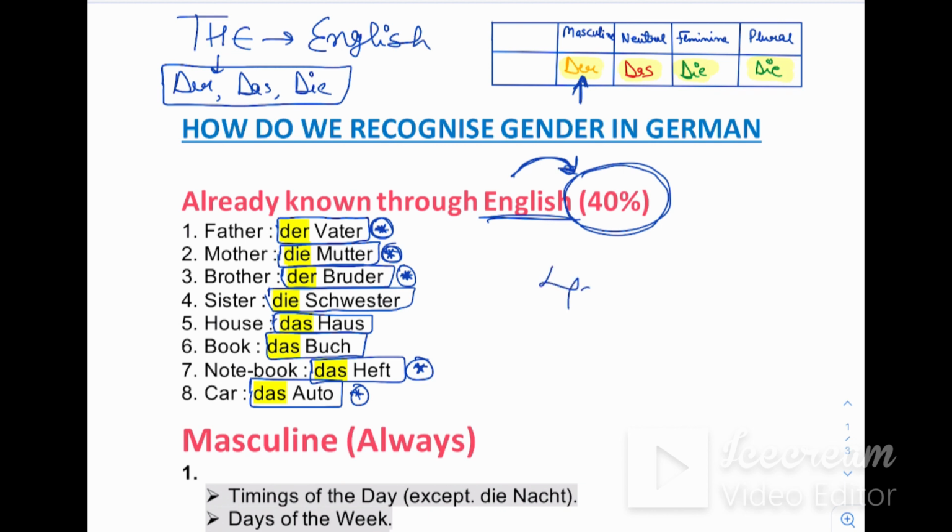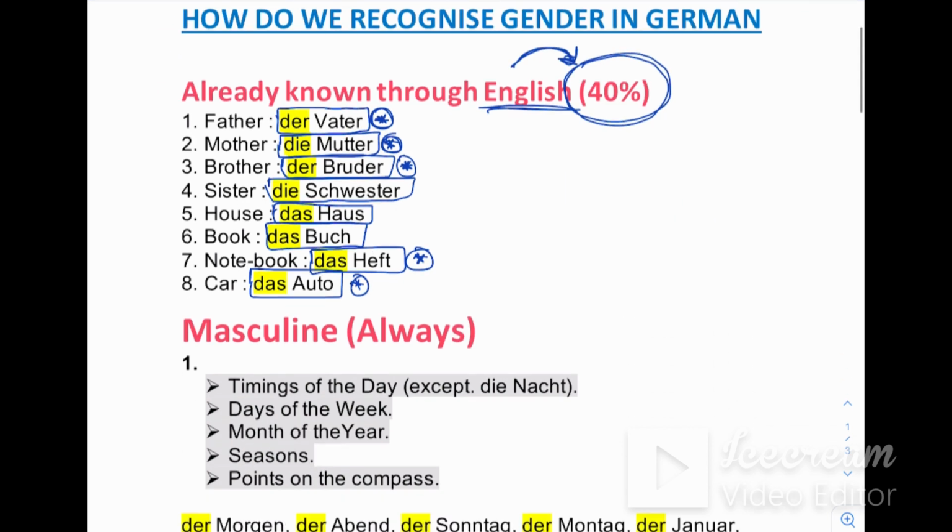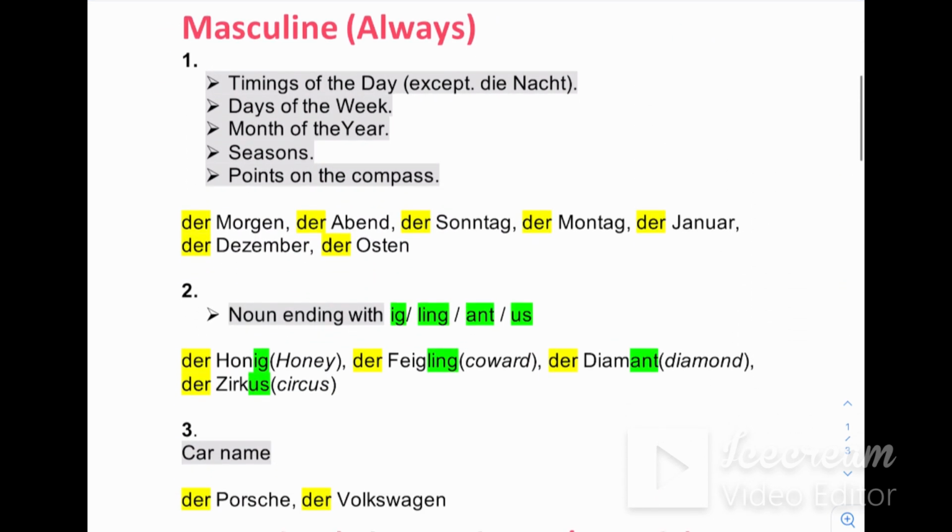In German there are 40% of nouns which you can already recognize by looking at the noun and its gender. Next point, now we are going to talk about nouns which are always masculine. First point, timings of the day, except die Nacht.